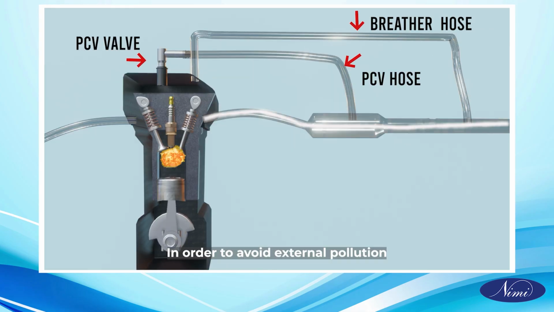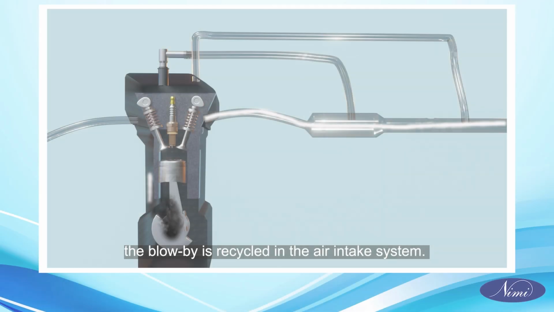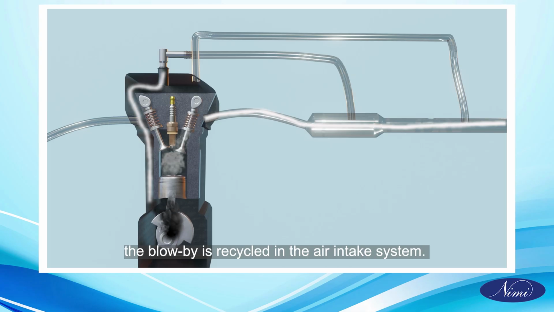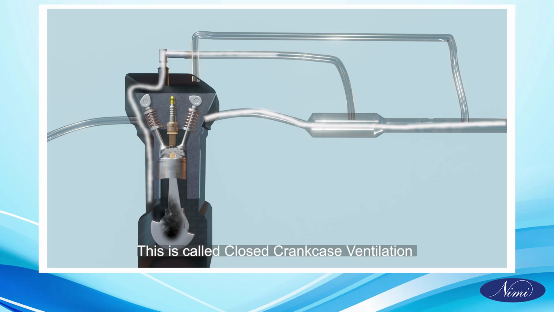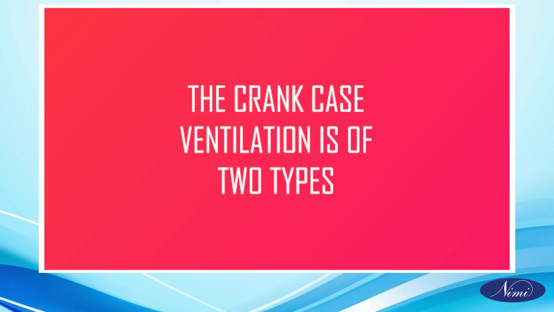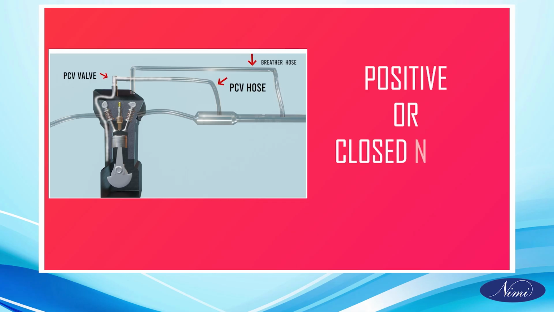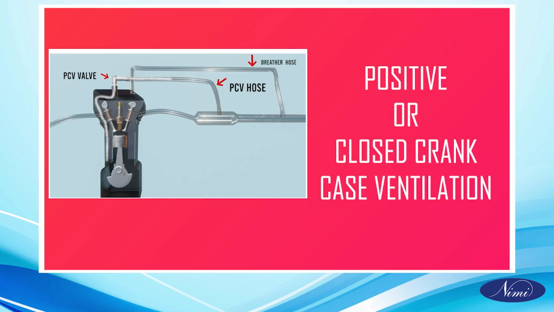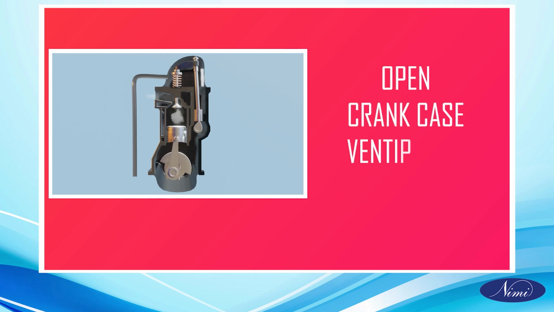In order to avoid external pollution, the blow-by is recycled in the air intake system. This is called closed crankcase ventilation. The crankcase ventilation is of two types: positive or closed crankcase ventilation, and open crankcase ventilation.